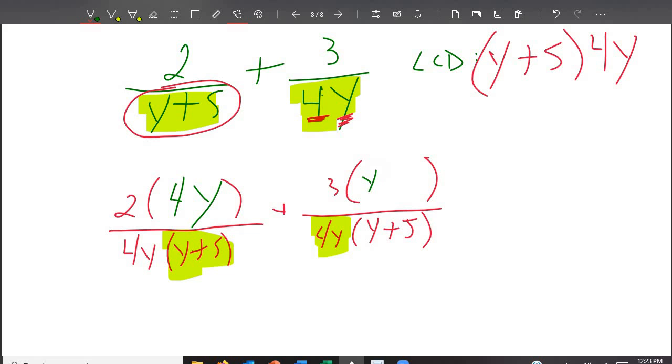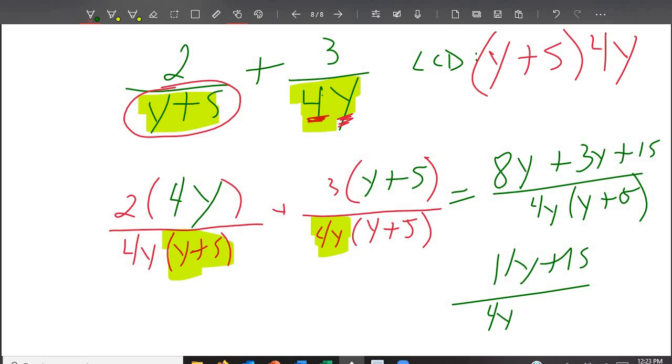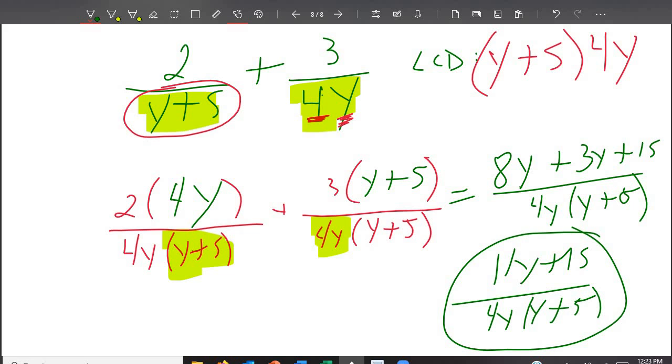So I have to put a y plus 5 in the numerator. Do the distributive property. 8y plus 3y plus 15. Combine like terms. And we get this. That's the final answer.